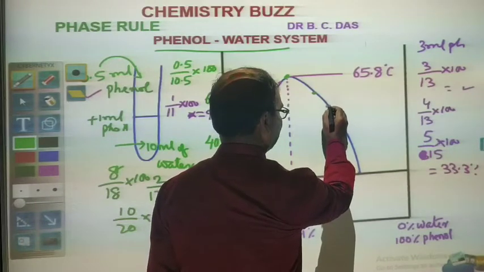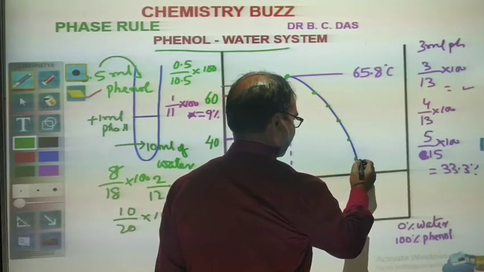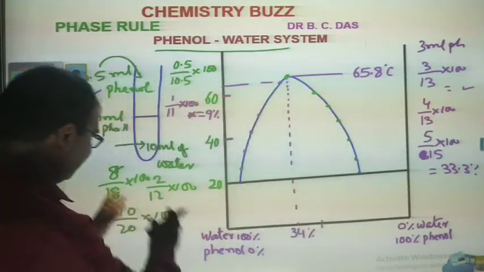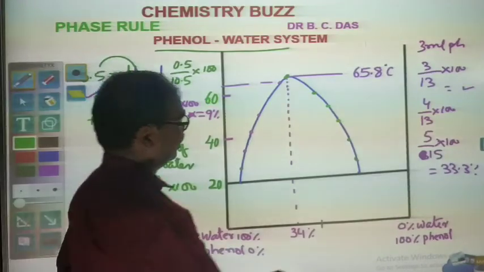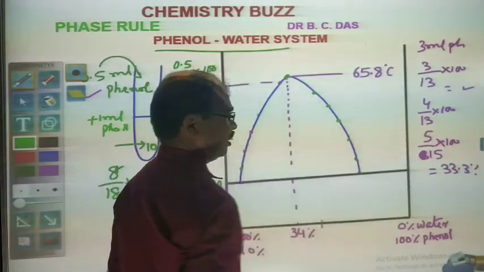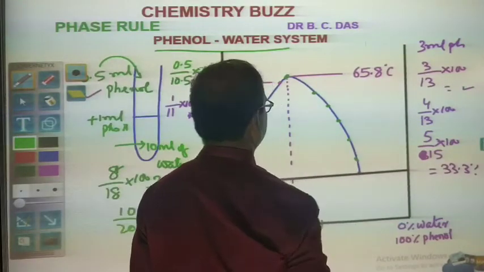So the temperature will fall. At lower temperature, it will become miscible. When phenol composition increases, the miscibility, the homogeneity, will be achieved at a lower temperature.